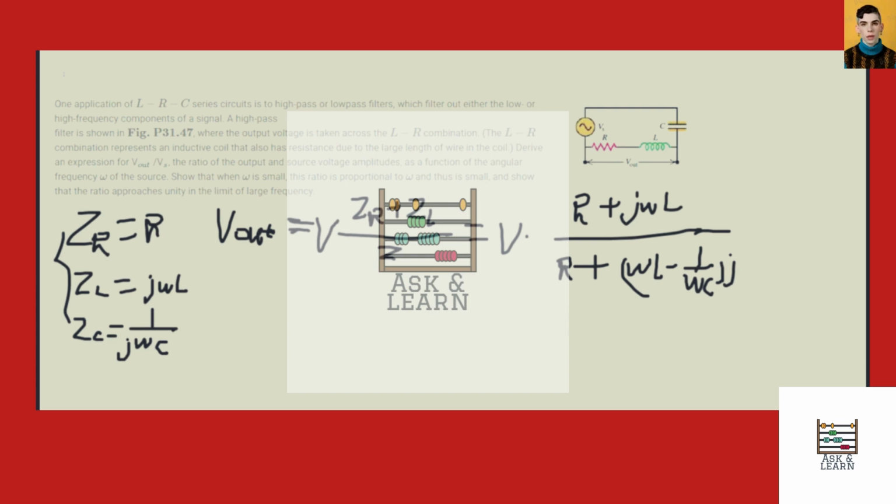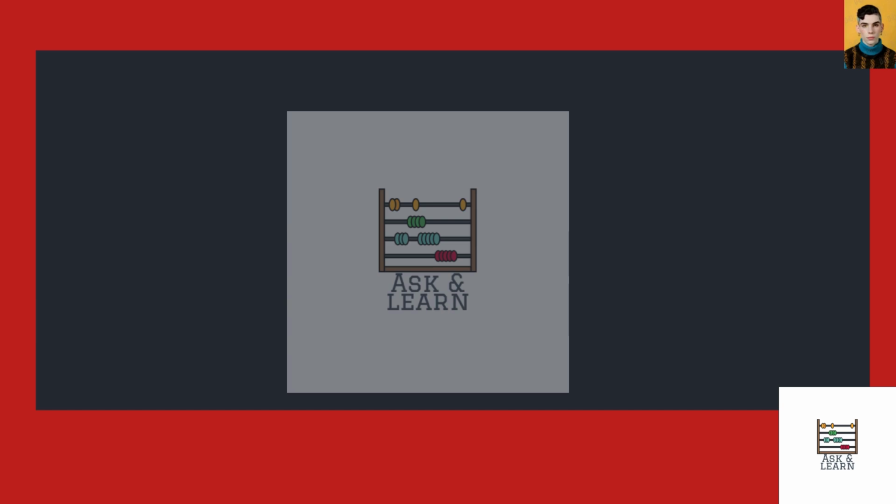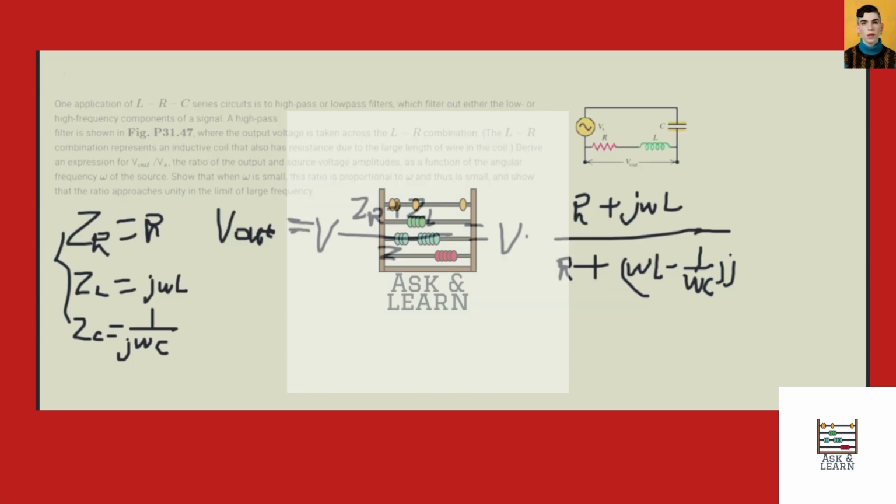And then you need to figure out the amplitude of this result. I label this with a tilde. So the true V out will be equal to V times the amplitude of this complex number.